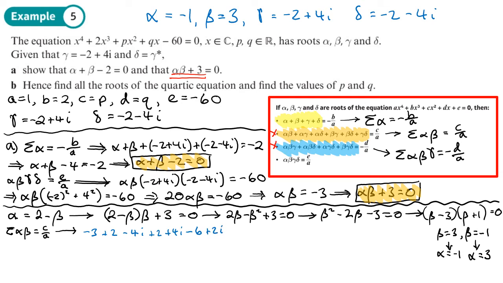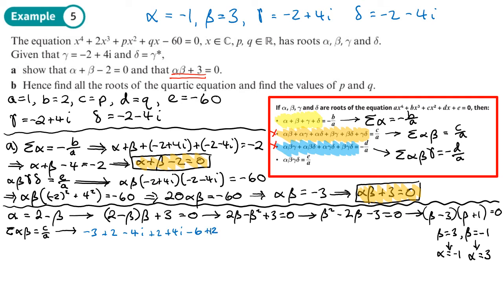Beta delta, -6. No, hold on, I need to go back, don't I? Let's go back to beta delta, -6 plus 12i.